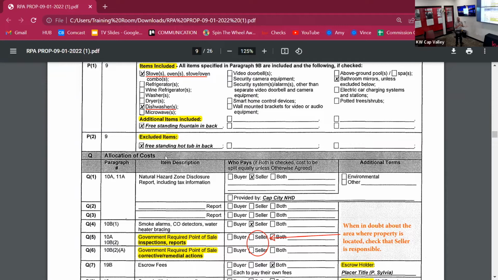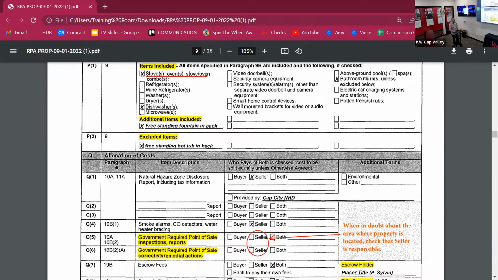Refrigerators are almost always freestanding, unless you've got like a Sub-Zero or something. If it's a Sub-Zero and it's built in, you don't need to specify it in the contract, but I would play it safe, put it in. You just never know. The other side may not know what the law is, and they may not blink an eye when their seller says, well, I'm going to take the Sub-Zero. Okay. So you don't want to.